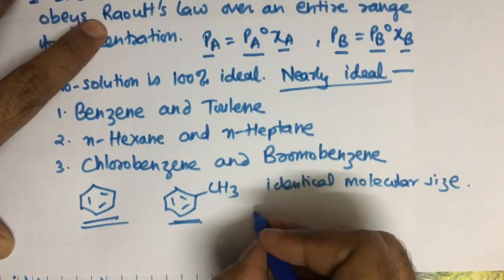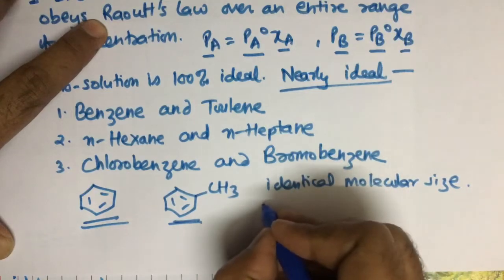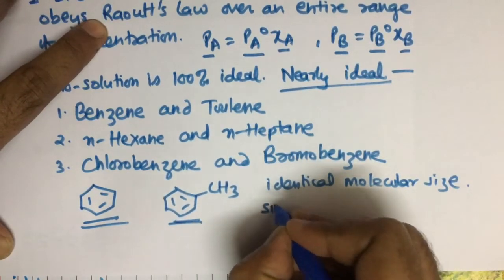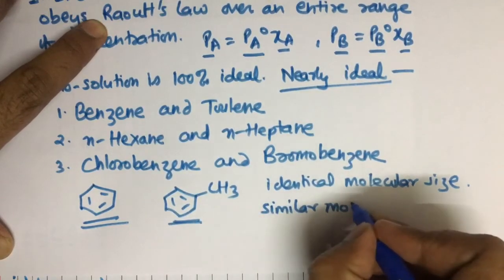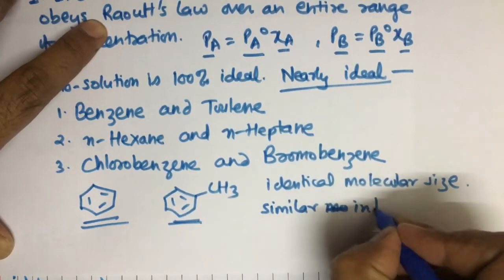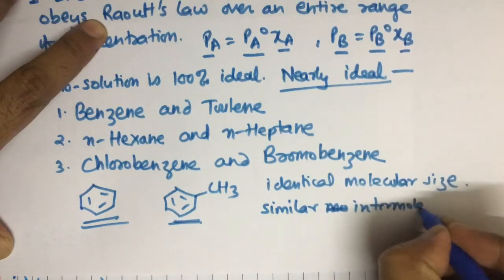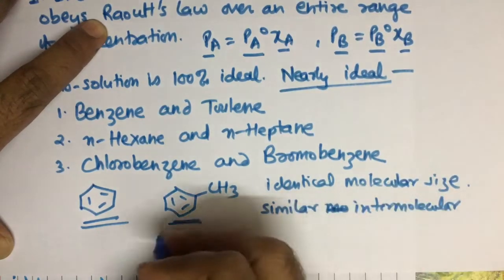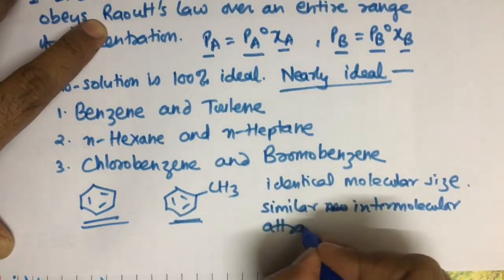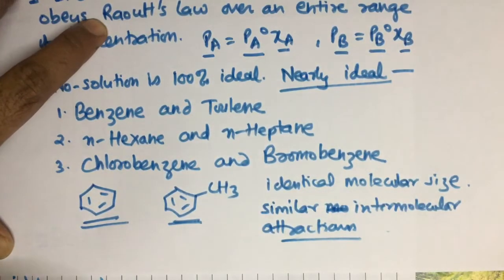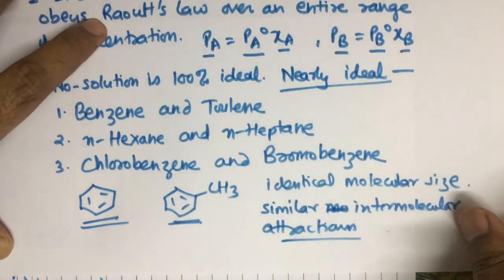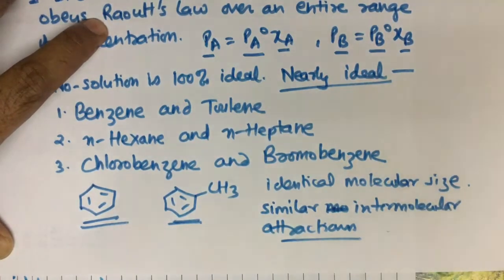So they have similar intermolecular attractions. So they form the solution which is near to the ideal behavior.